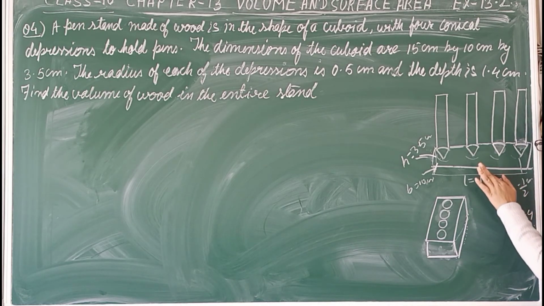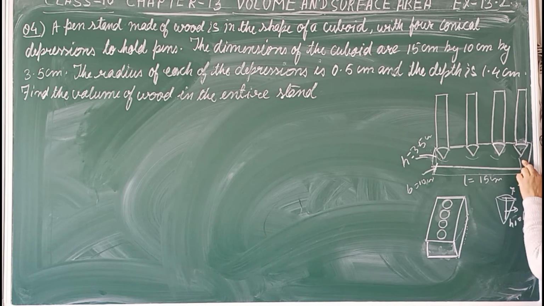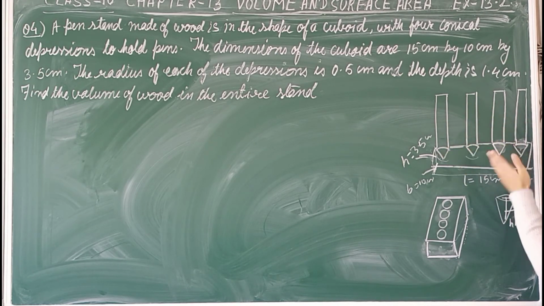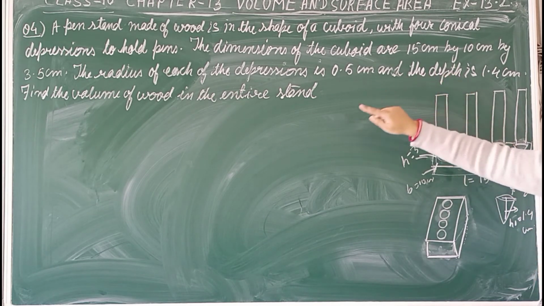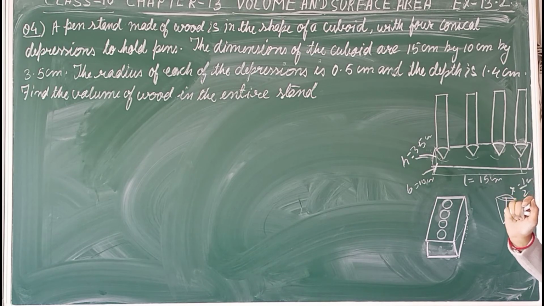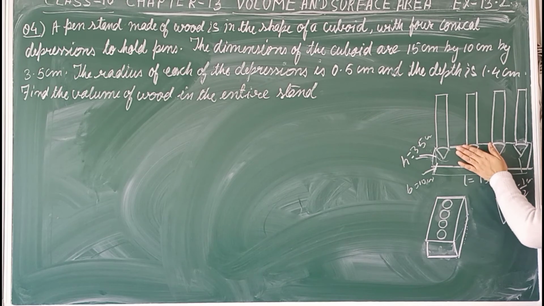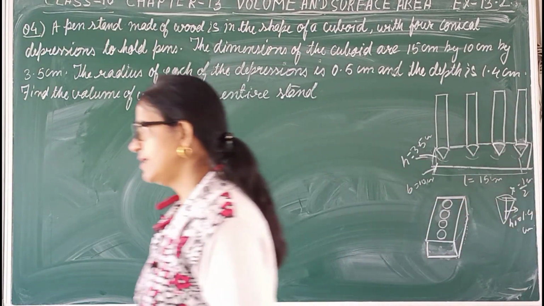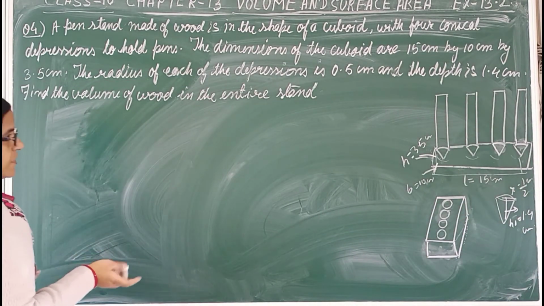A cuboidal stand made of wood has 4 conical depressions, and the conical part dimensions are given as radius equals to half centimeter and height equals to 1.4 centimeter. The cuboidal part length, breadth and height are given. The question is asking, find the volume of the wood in the entire stand. So obviously the volume of the wood in the entire stand will be equals to volume of the cuboid minus 4 into volume of the one cone. That's it. So understanding the question and planning of the solution has been done.